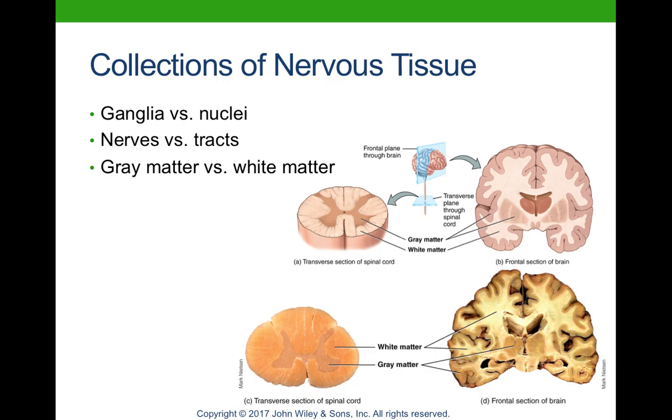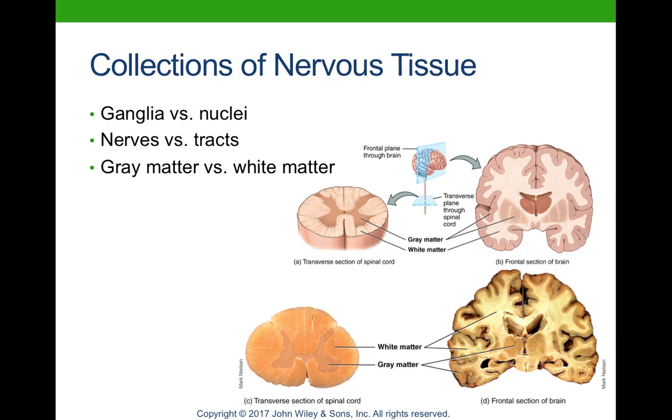We show here that in our spinal cord versus our brain, the location of white matter and gray matter are different. In the spinal cord, gray matter forms an H-shaped inner core surrounded by the white matter, whereas in the brain, we have a thin outer shell of gray matter covering the cerebral hemispheres.